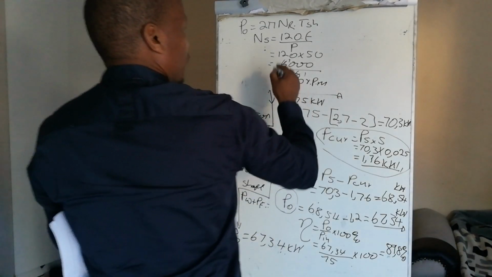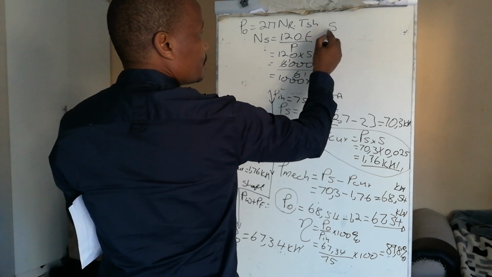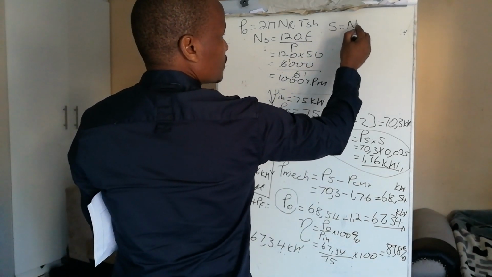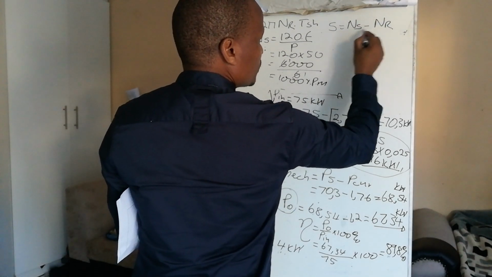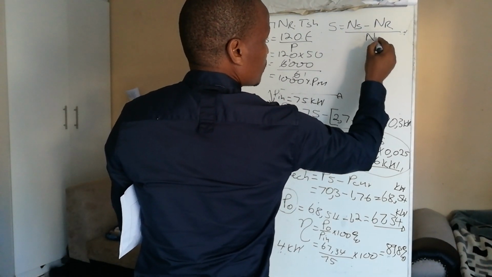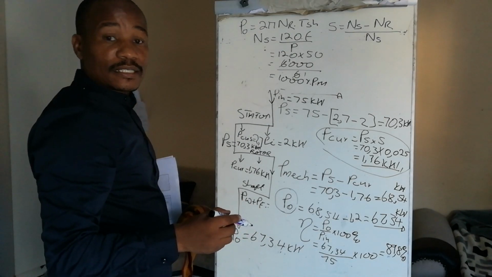But now, the slip is equal to the synchronous speed minus the rotor speed, expressed as a fraction of the synchronous speed.